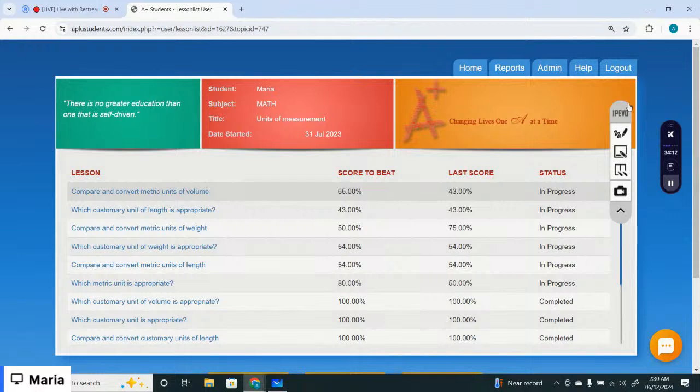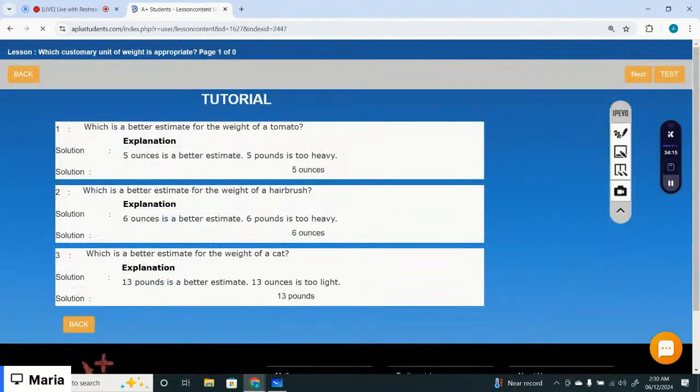The next lesson is which customary unit of weight is appropriate. Which is a better estimate for the weight of a tomato? So you are given 5 ounces and 5 pounds, right?